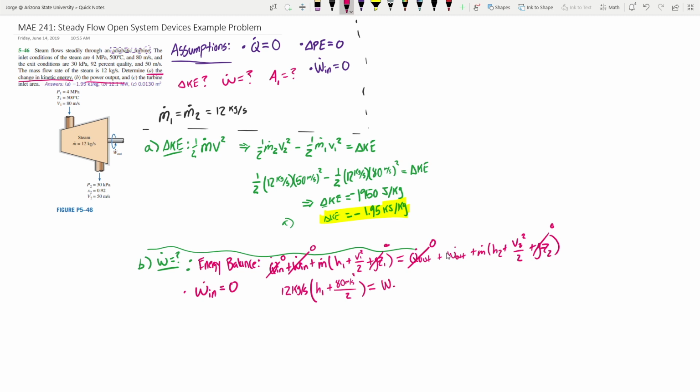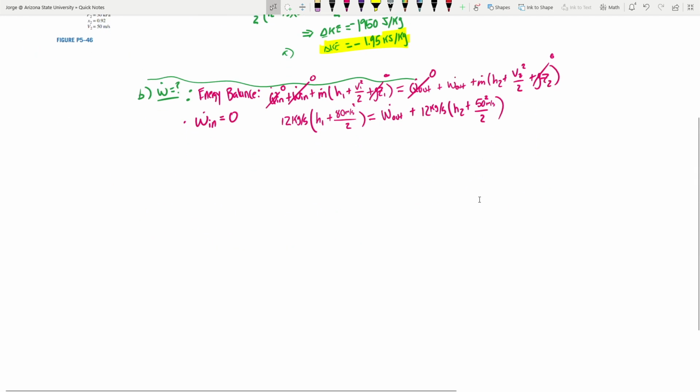So it's equal to W out plus 12 kilograms per second times H2 plus V2 squared over 2. Well, let's plug in V2 squared actually. V2 is 50, so 50 squared over 2 meters per second, of course. Okay, so now let's find H1 and H2.